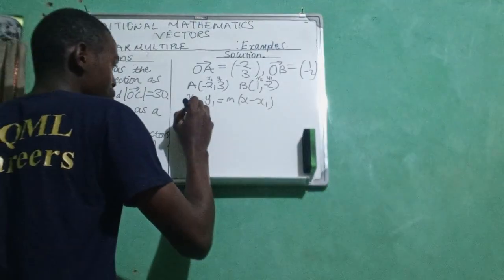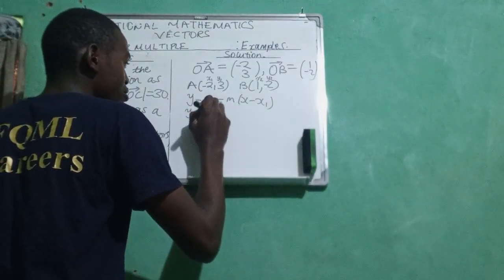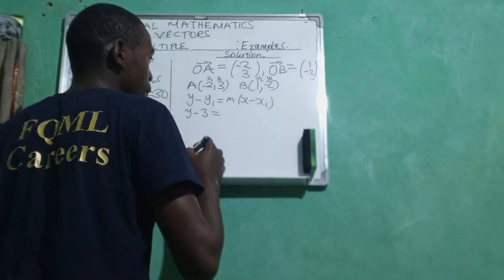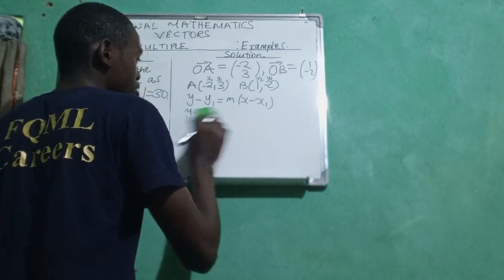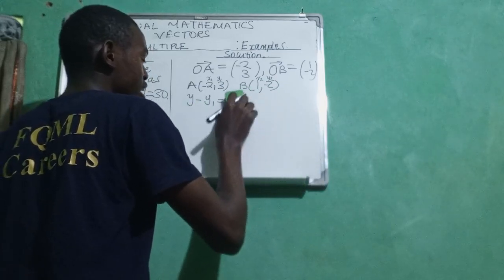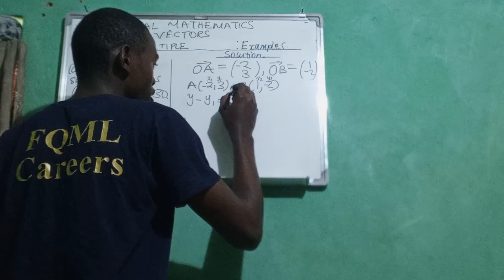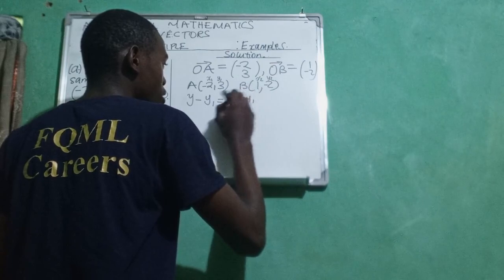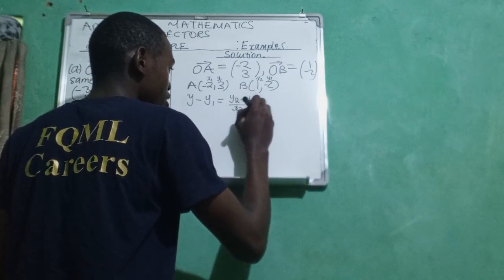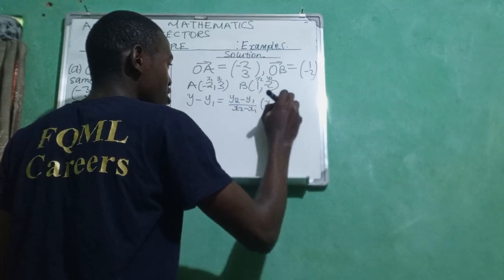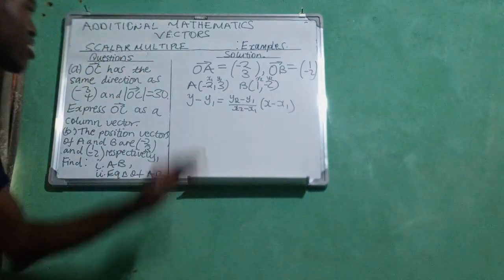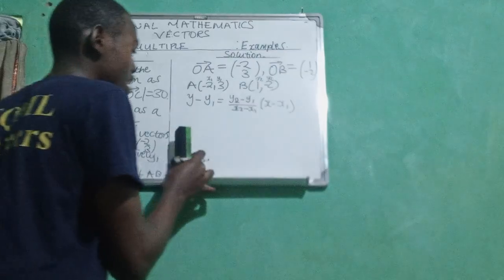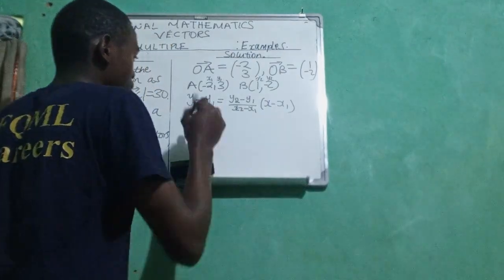Let me write it like this: y minus y1 is equal to (y2 minus y1) over (x2 minus x1), times (x minus x1). You can write this particular equation in that form. It makes life a whole lot easier and a whole lot faster when you are solving an exam.